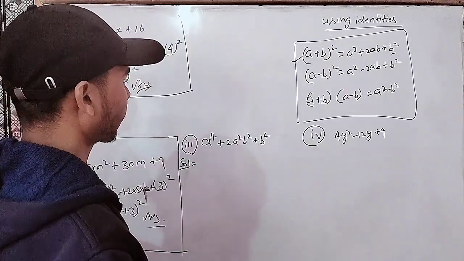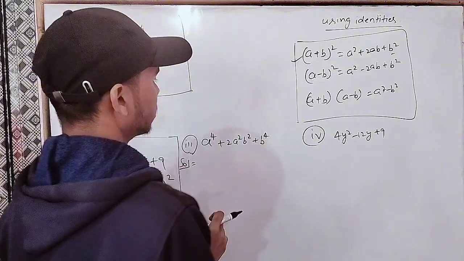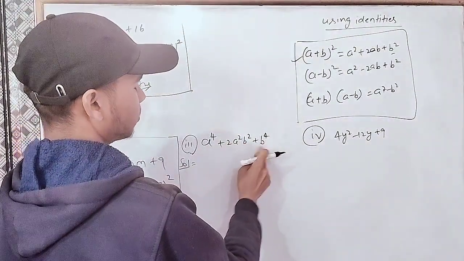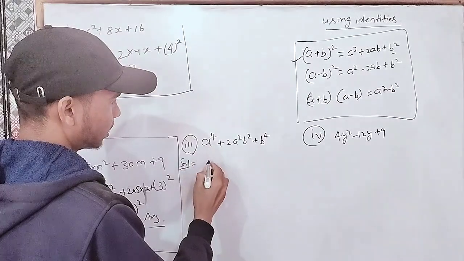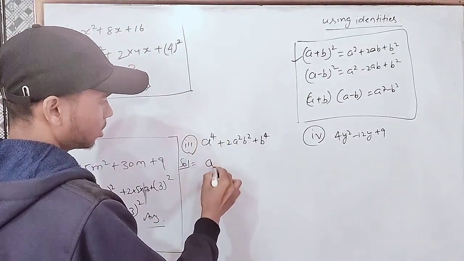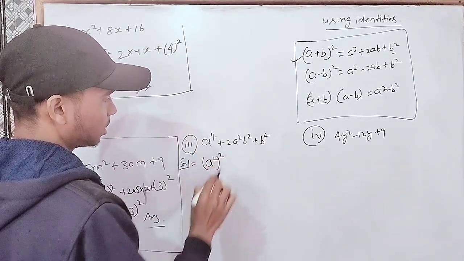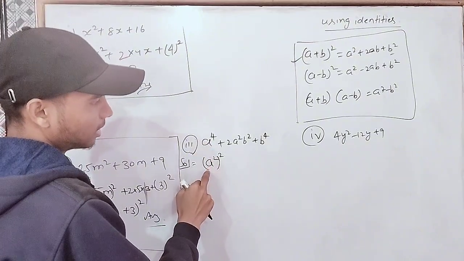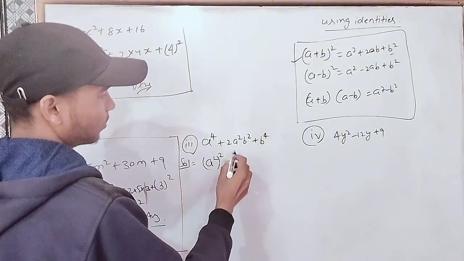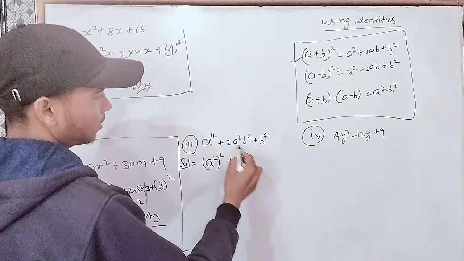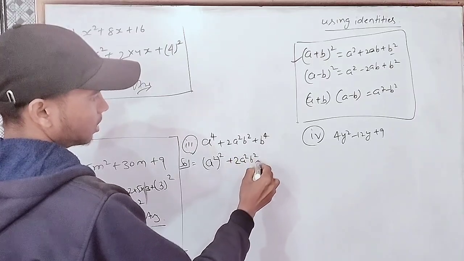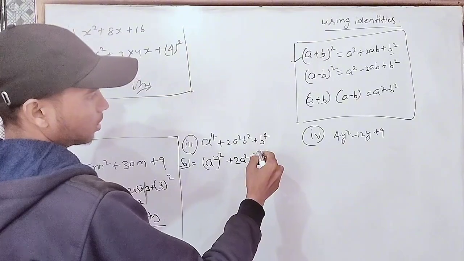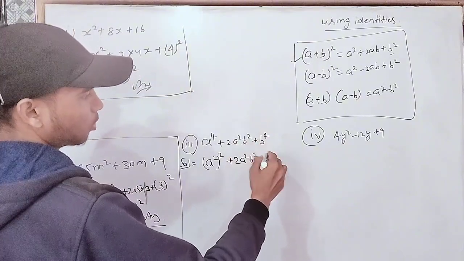So here, we have this equation: a square, 2ab, and b square. So can we have a to the 4? Can it be written as it? Yeah, it will be written as it. Here b is with the exponent 4.